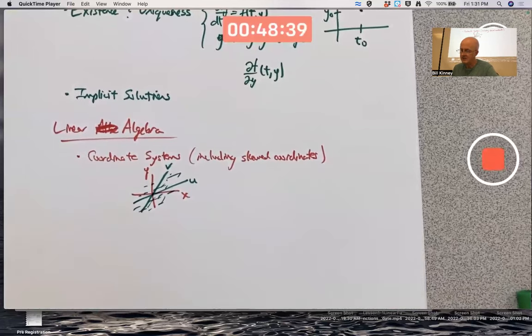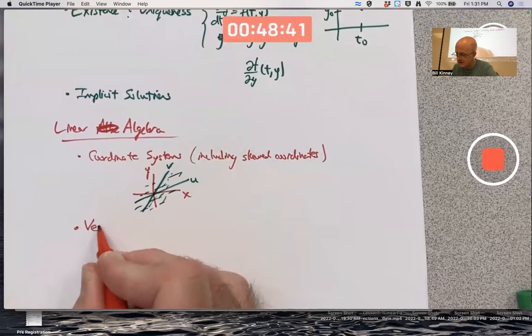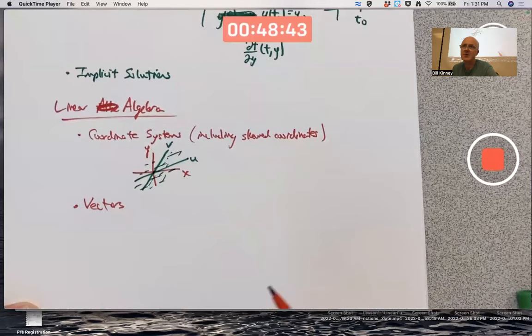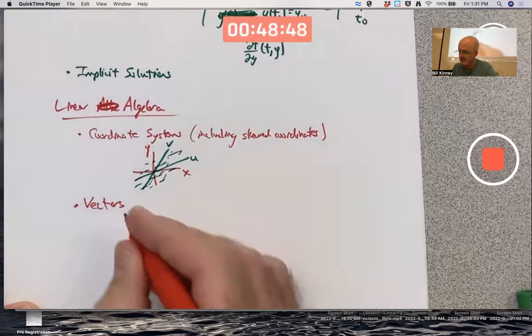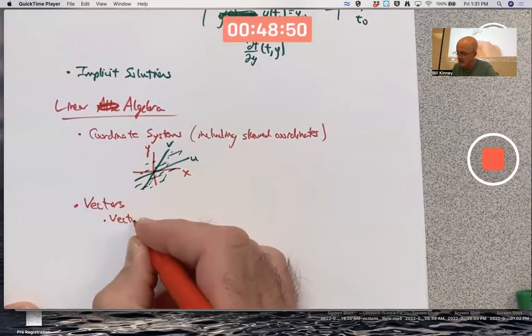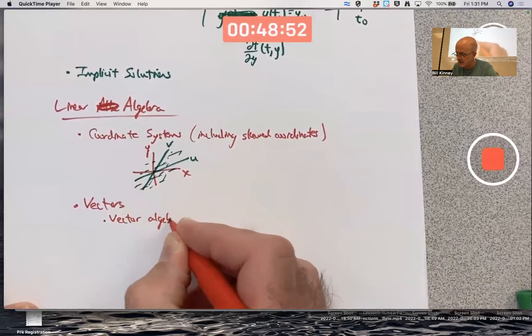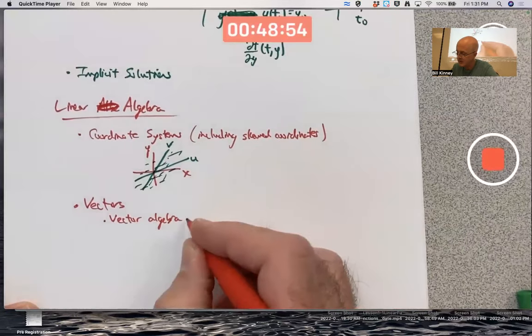Then we talked about vectors. Certainly the basics of graphing them and adding them and subtracting them and multiplying them by scalars. Vector algebra and geometric interpretation.